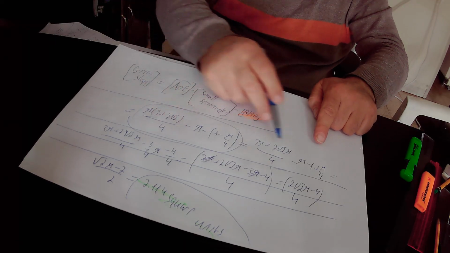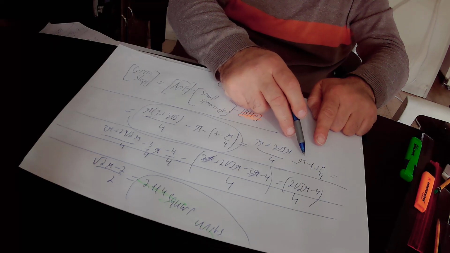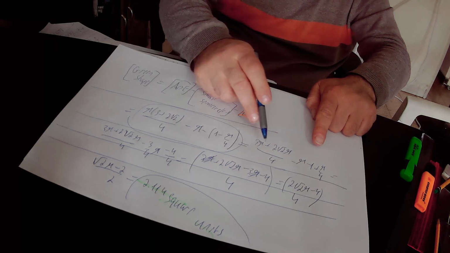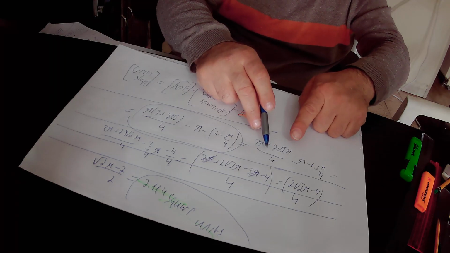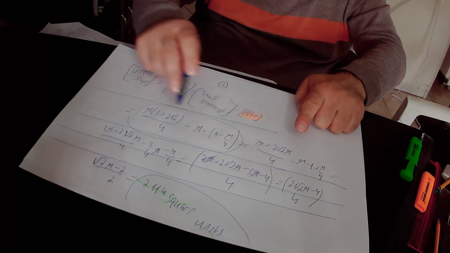Here we multiplied minus 1 by 4 and then divided by 4 in order to get a common factor with the other two expressions that have 4 in the denominator.